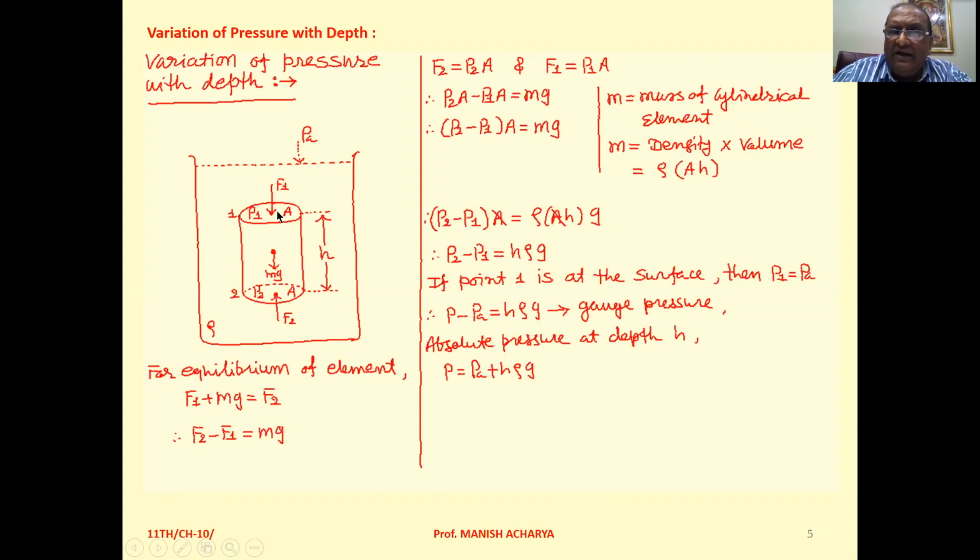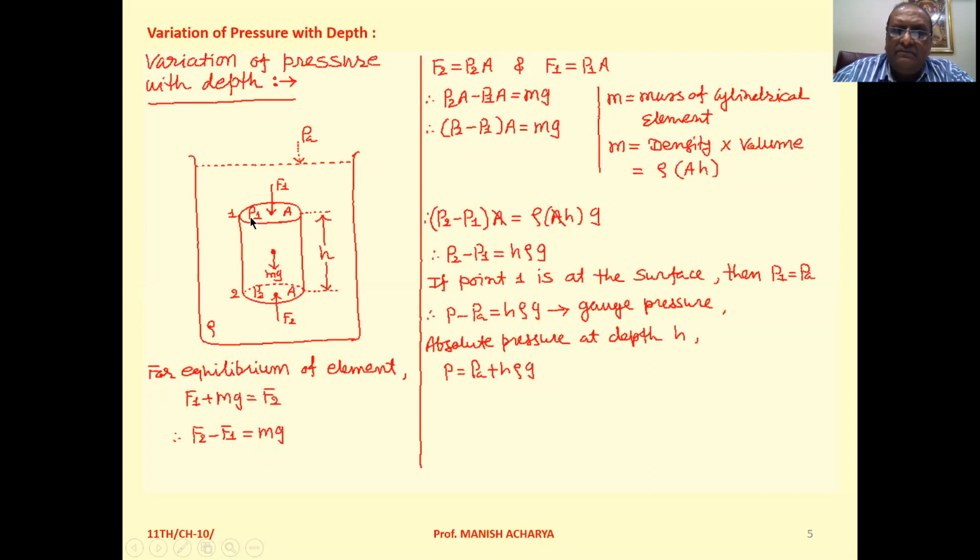Now suppose the height of the cylinder is h. Suppose at the upper surface the pressure is P1, and at the lower surface the pressure is P2.